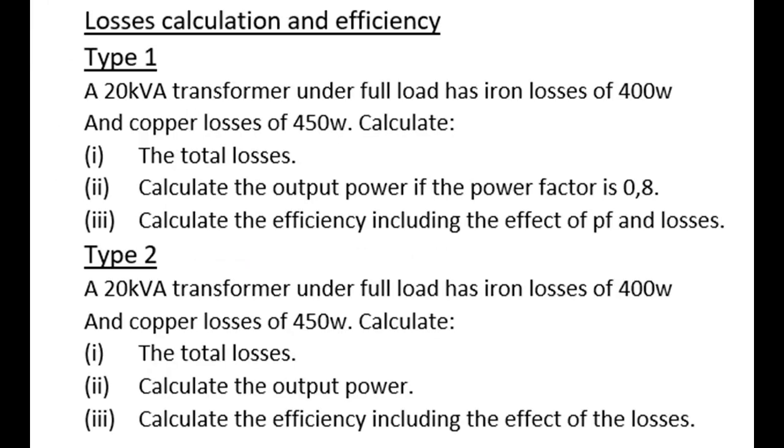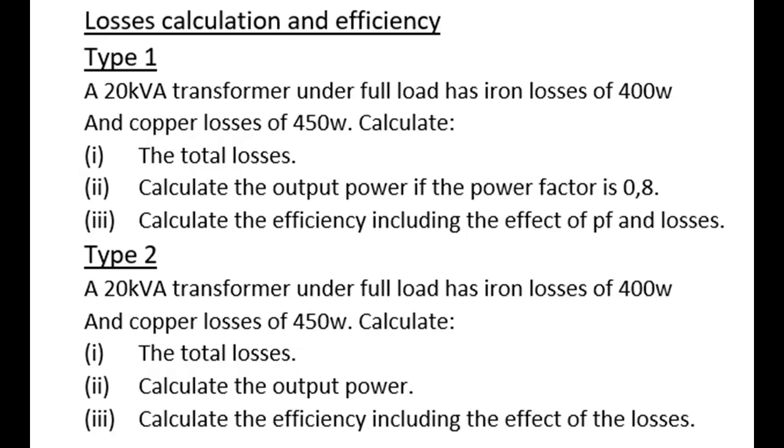Question number 2 says calculate the output if the power factor is 0.8. This means we're not getting 20,000 volt-amps. How do we know that the apparent power is 20,000? Simple, because they told us 20 kilovolt-amps.